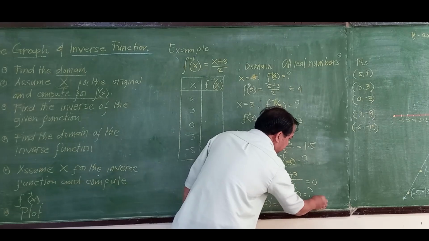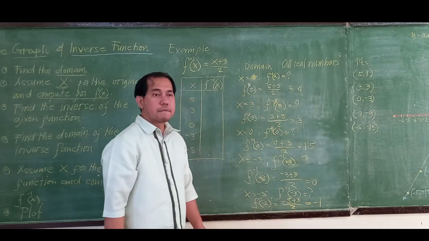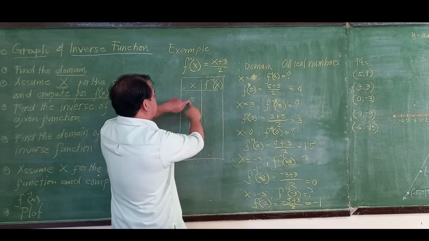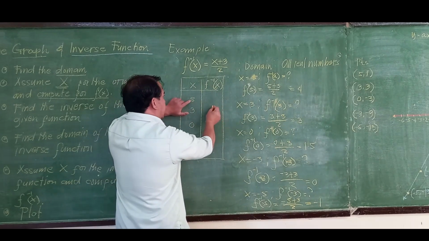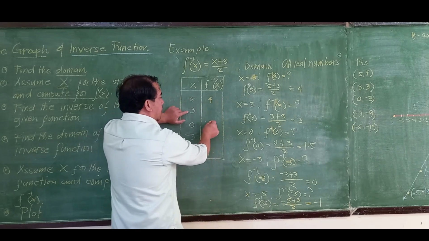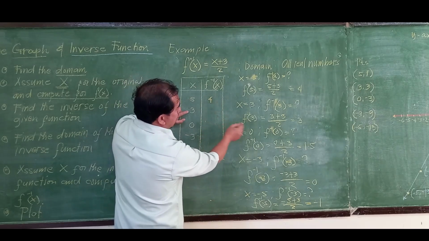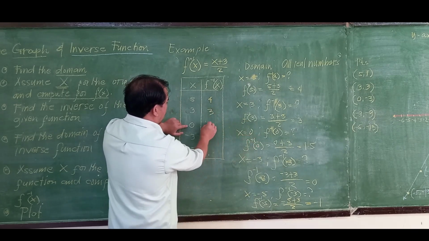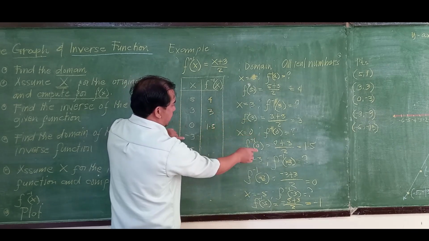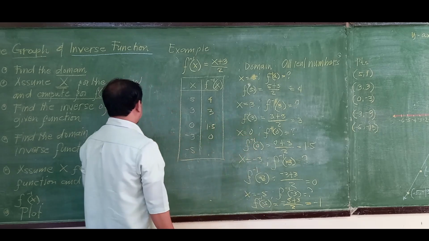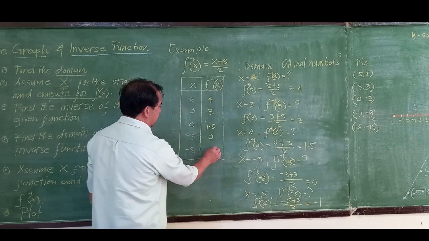So we have now, if our x is 5, that is 4. If that is 3, that is 3. If that is 0, 1.5. If that is negative 3, 0. If that is negative 5, negative 1.